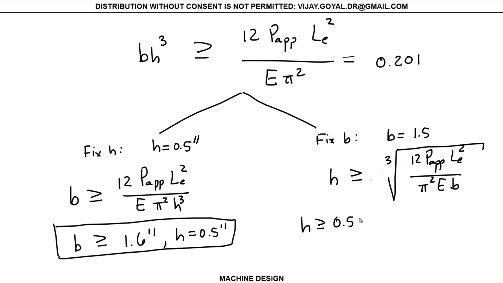This is 0.51 inches, and b is equal to 1.5 inches. So this is the second option.